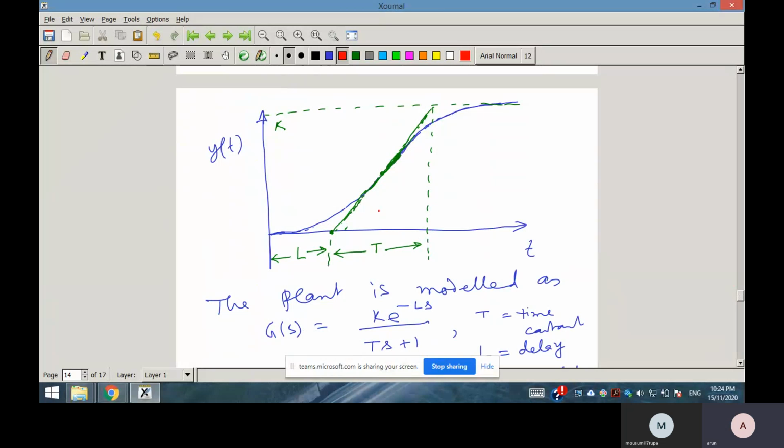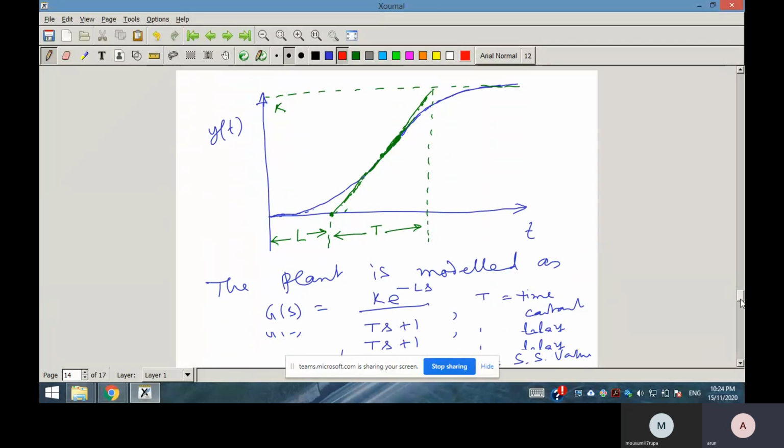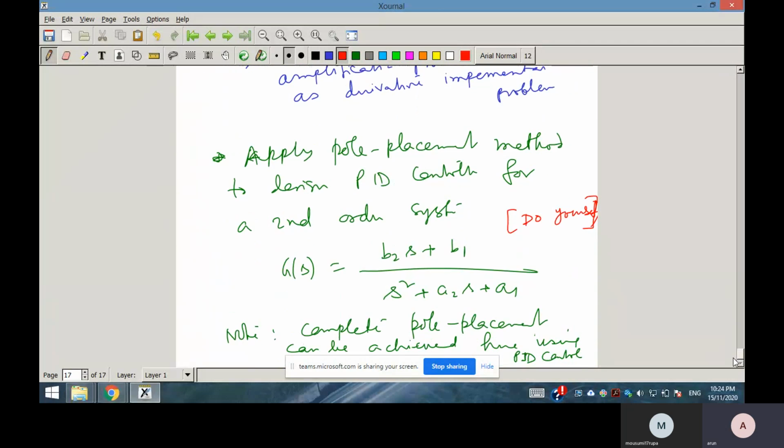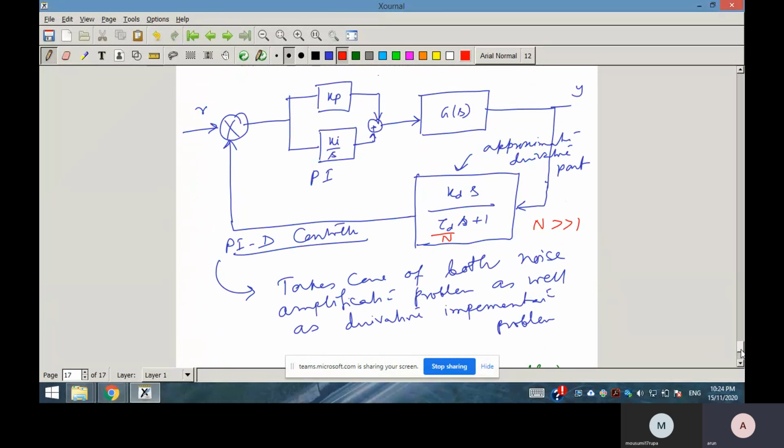But if it is an unstable system, then how will you design? In that case, the pole placement method, as I have told here, may be of help. During implementation is also an important issue of the PID controller. You have to implement it like this, minor loop implementation. Otherwise you'll be in trouble. Minor loop implementation of PID controller. Okay, thank you very much.